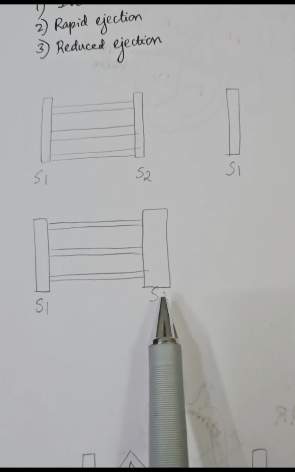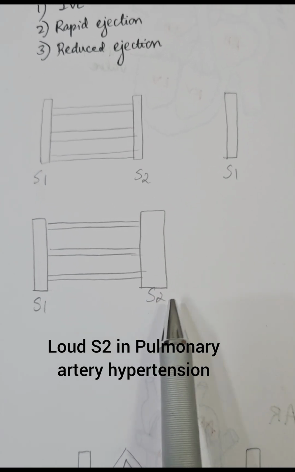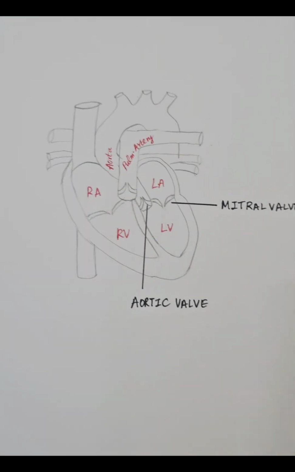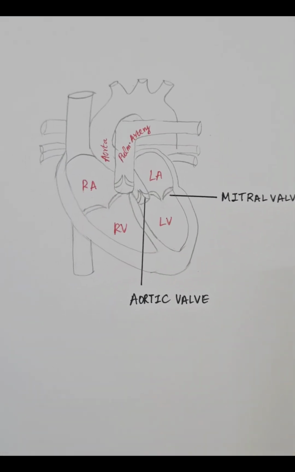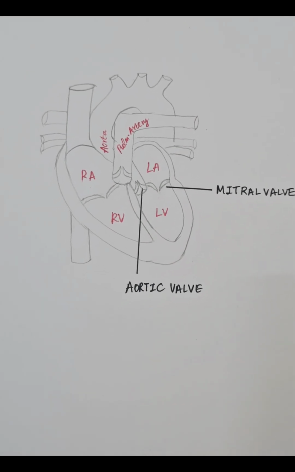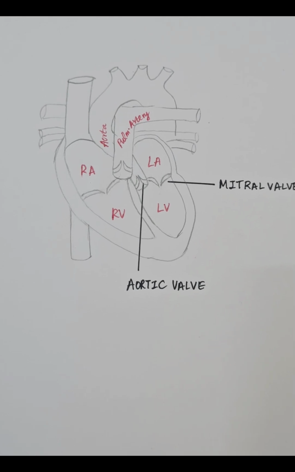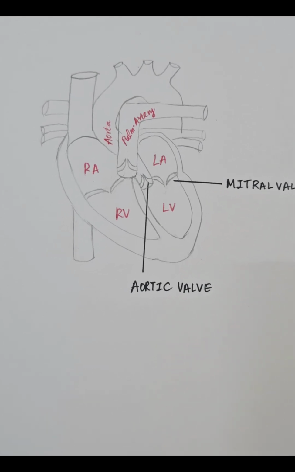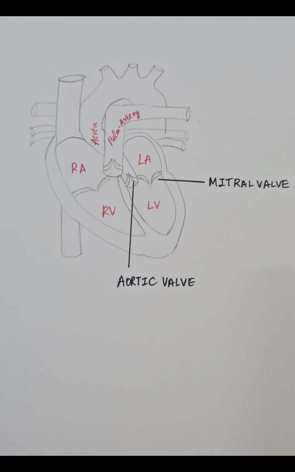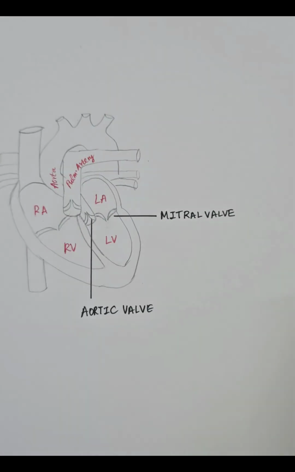Now, why have we drawn the S2 so thick? This is to indicate pulmonary artery hypertension. So in mitral regurgitation, we know that blood is going from the left ventricle to the left atrium. So already there will be blood coming to the left atrium from the pulmonary veins. Now again blood is going from the left ventricle to the left atrium during each ventricular systole. Because of this, there is increased amount of blood in the left atrium.